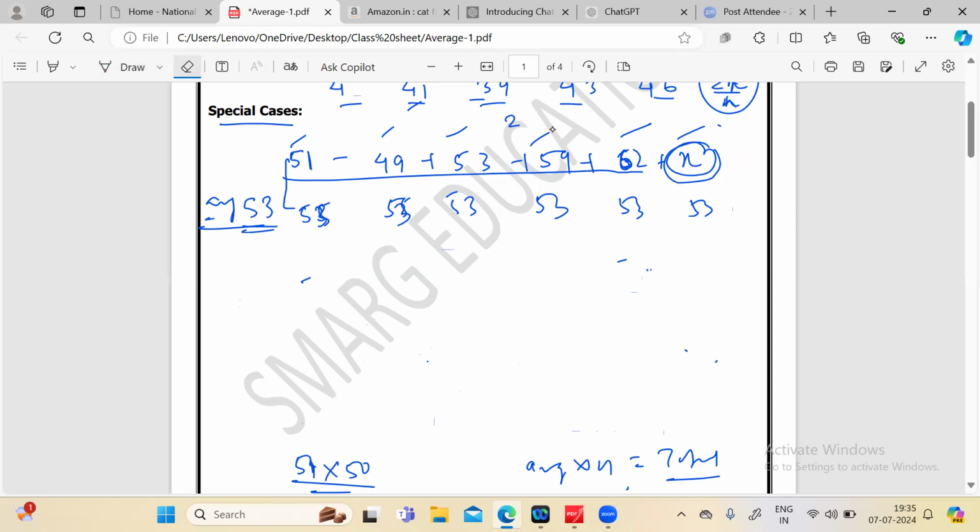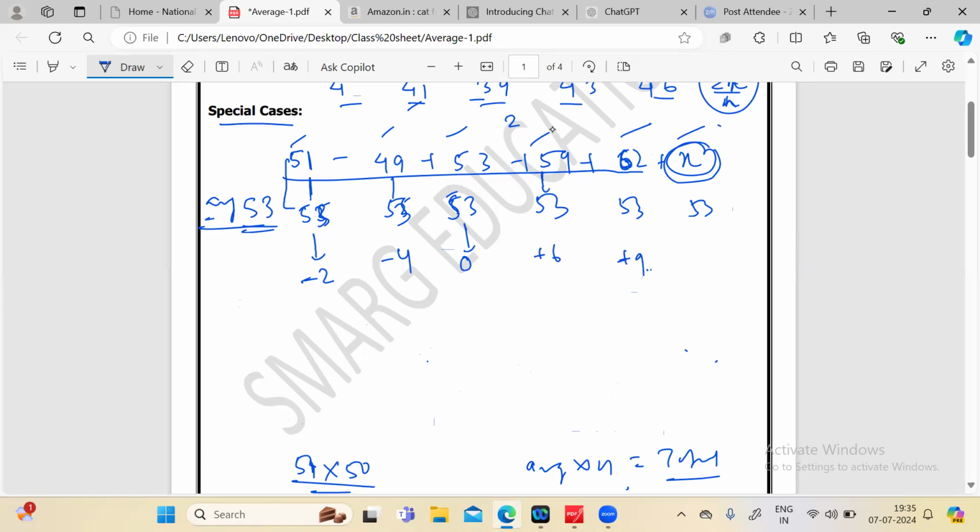So if we don't have to change the total, every number which is less than 53 needs the deficiency to be provided. So this 51 needs 2, this 49 needs 4. The number 53 is the same as the average, so it doesn't need any change. 59 will give plus 6 and 62 will give plus 9.